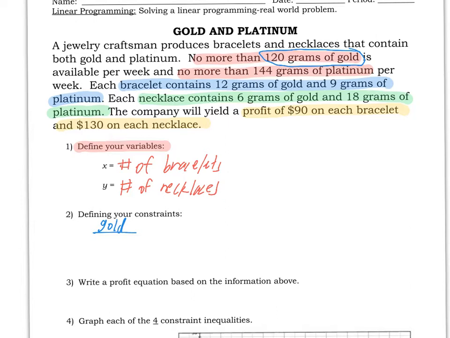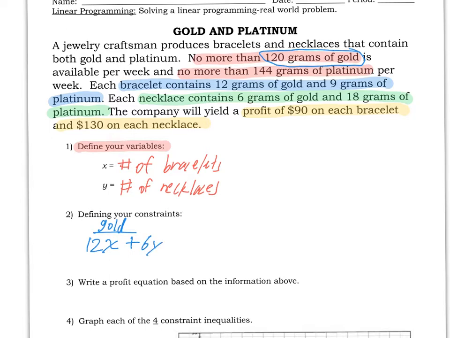Each bracelet contains 12 grams of gold, so that's 12 times the number of bracelets, plus each necklace uses 6 grams of gold, so 6 times the number of necklaces.